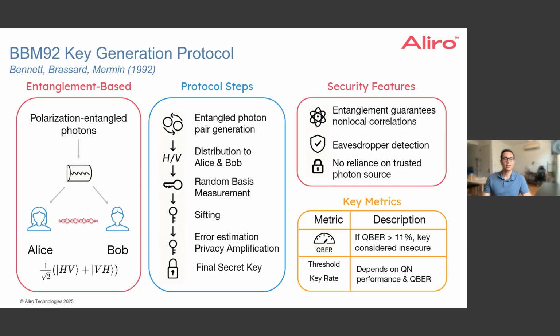And then we have more traditional performance metrics, just like you'd expect in any kind of network, right? How fast is it? How many keys am I getting per second? So we look at things like key rate as well. We also look at key buffers, right? How many keys are we storing at Alice and Bob? How many do we have in case the quantum link or the quantum network goes down or the QBER is too high?